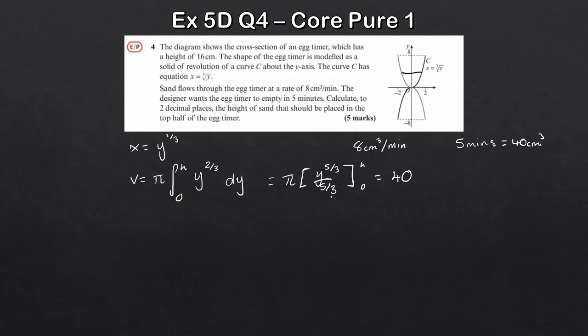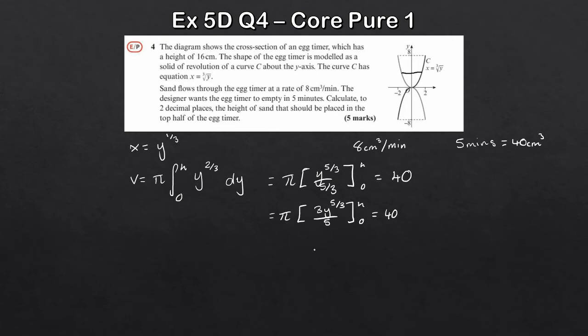So, we can simplify this. This will be equal to pi lots of 3y to the 5 over 3 divided by 5 with the limits of h and 0. And we know this has to be equal to 40 again. So now, all we've got to do here is just sub my limits in and solve.